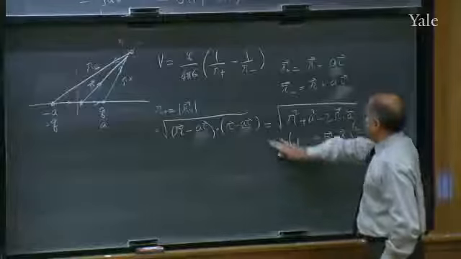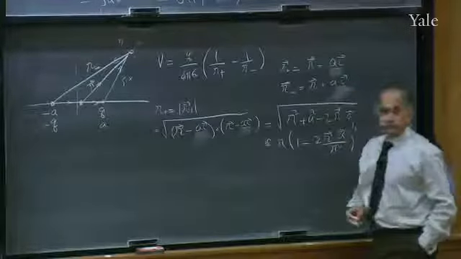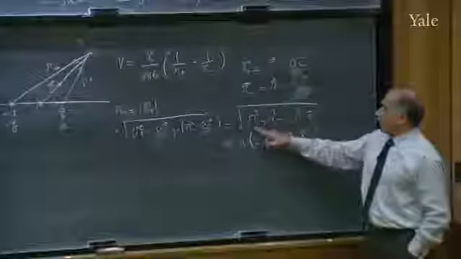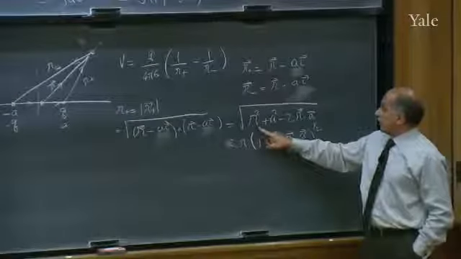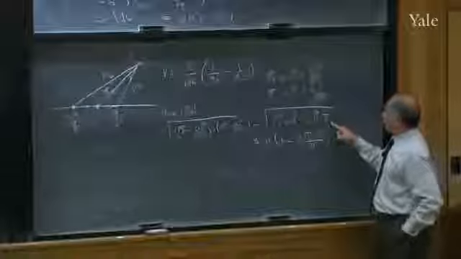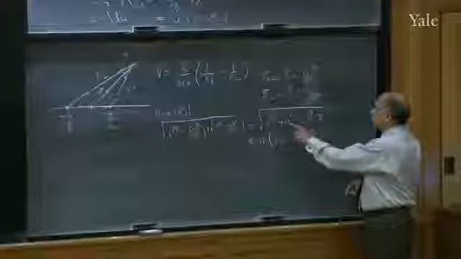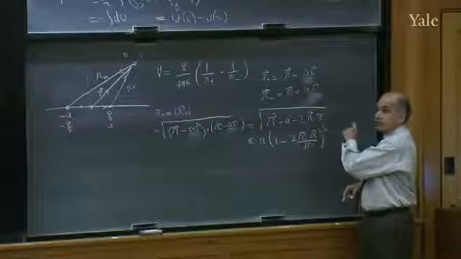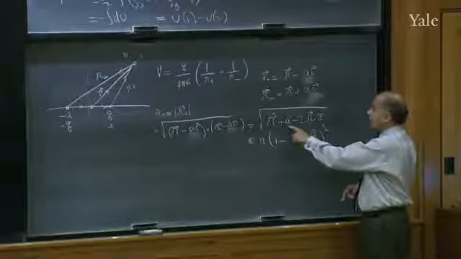I'll tell you what I did here. I'm going to neglect A square compared to R square because R is much bigger than it. But I'm going to keep this R dot A term because this has got 1 power of A and 1 power of R, so it's much stronger than the A squared term, so I keep that.